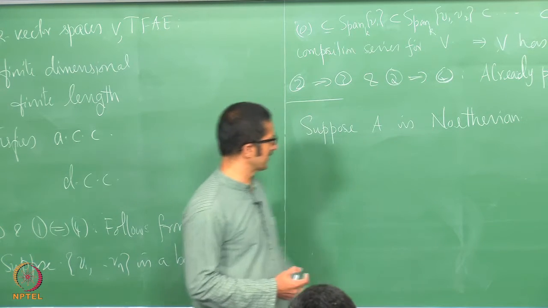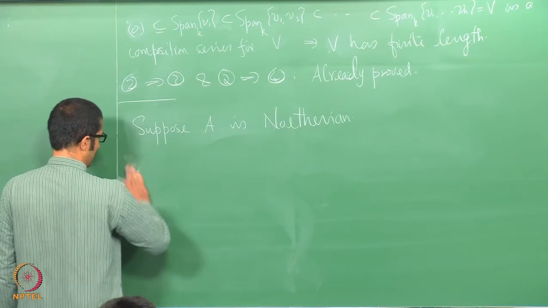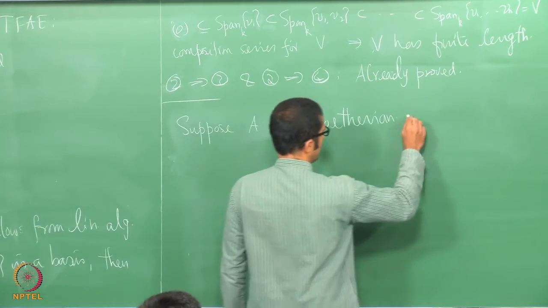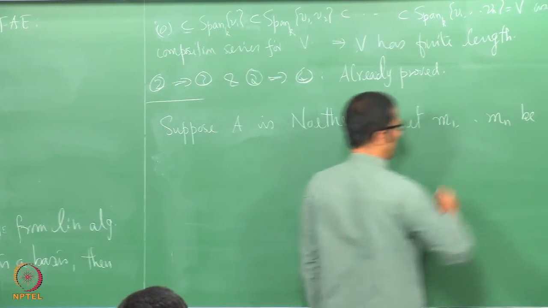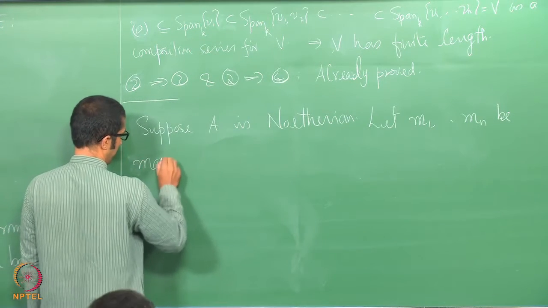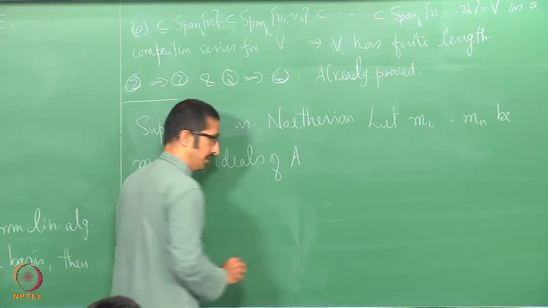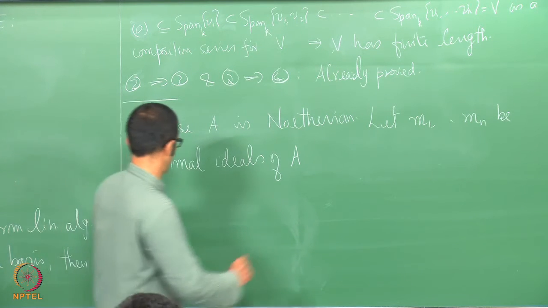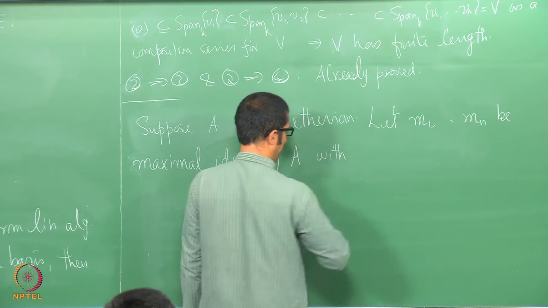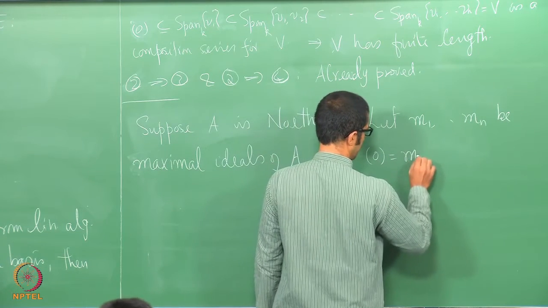But can we say something nice if, with some nice property, suppose M1 up to Mn are maximal ideals of A with zero equal to the product.